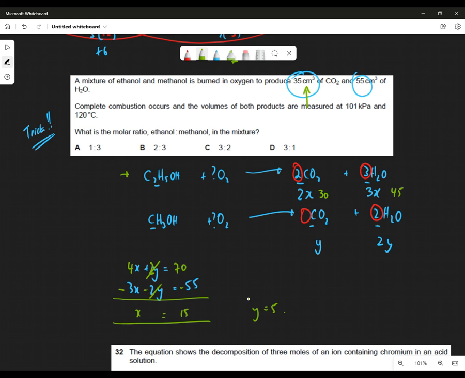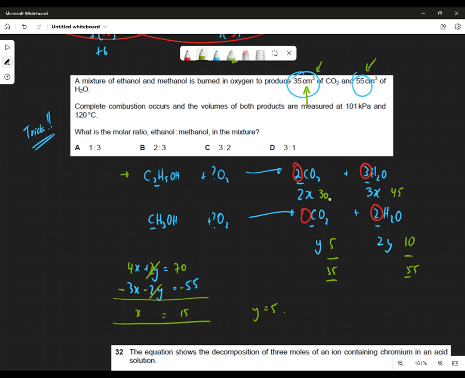And Y, methanol, is going to contribute 5 and 10. As you can see, 30 plus 5 gives us 35, and 45 plus 10 gives us 55, which are these numbers up here. So we figured out 30 and 45 and 5 and 10.